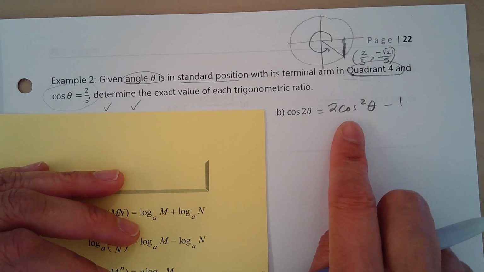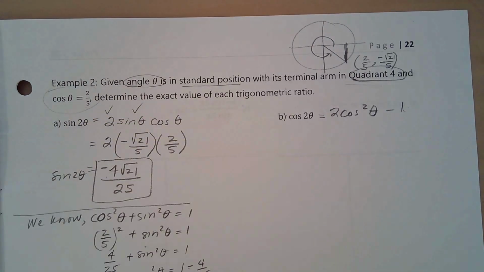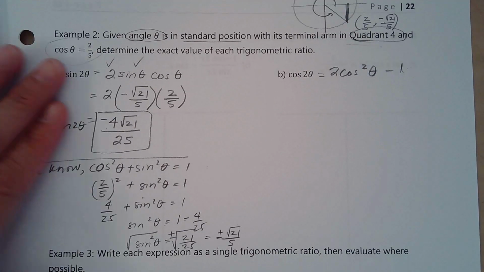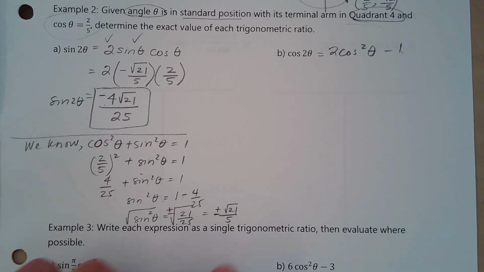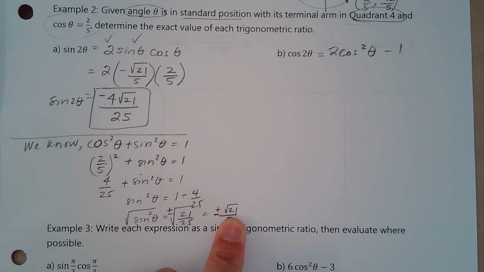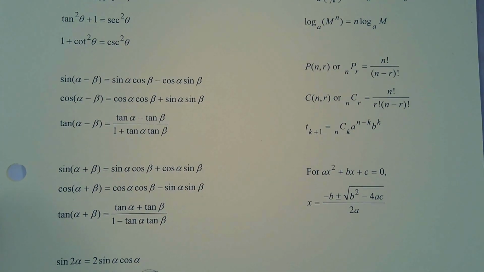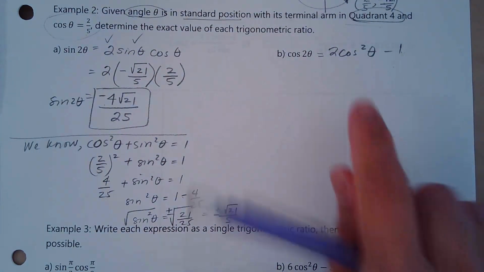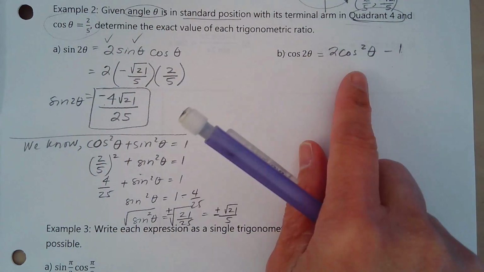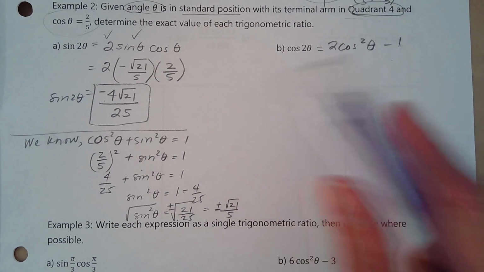It makes sense to just use that one because we're already given that. But because in question A, we have this information, then we could also use the other version. So why don't you go ahead and use this version. I'm going to use a slightly different version. You should come up with the same answer.